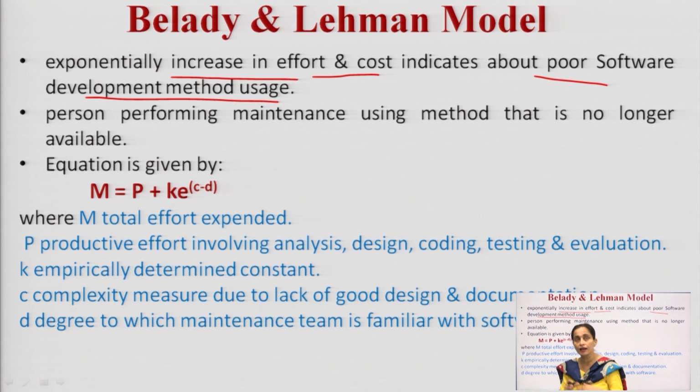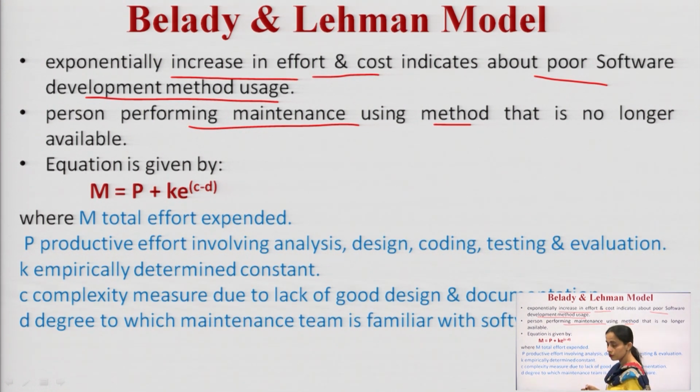So, this alerts us that there is a scope of changing the software design. If the effort and cost show a very exponential rise, the person performing maintenance using this method is no longer available.